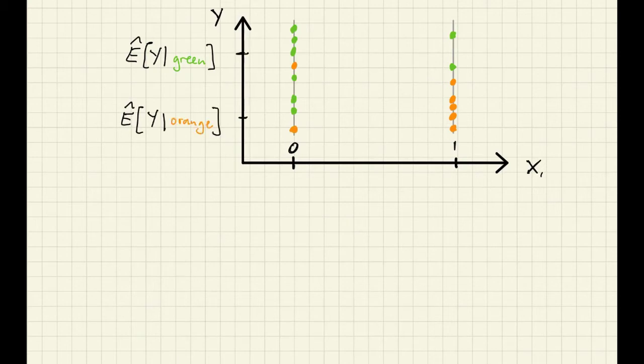For the green group, we sometimes observe x1 equals 0 and sometimes x1 equal 1. So the average value of x1 for the green group lies between 0 and 1, let's say here. And the average x1 for the orange group is here.